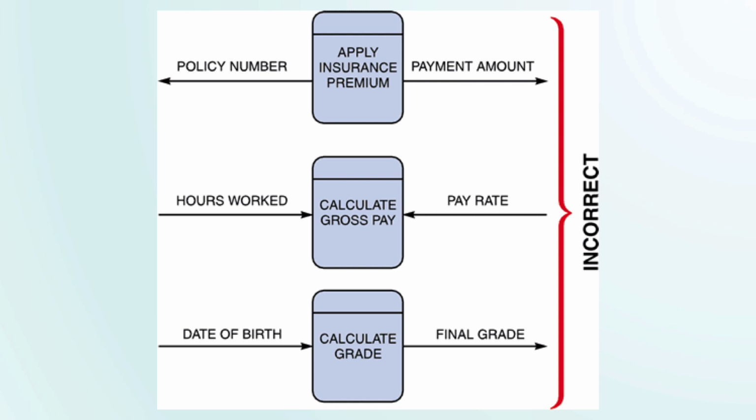For example, class information can contain the student IDs, the student names, the student registration dates, and so on. So the data flow can also represent a group of data instead of one data.